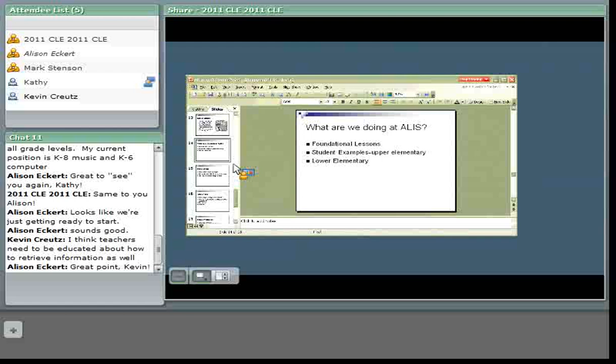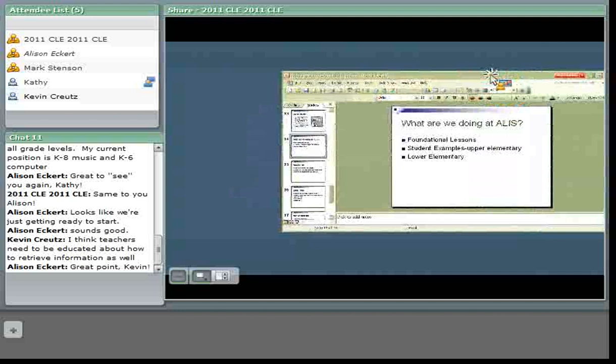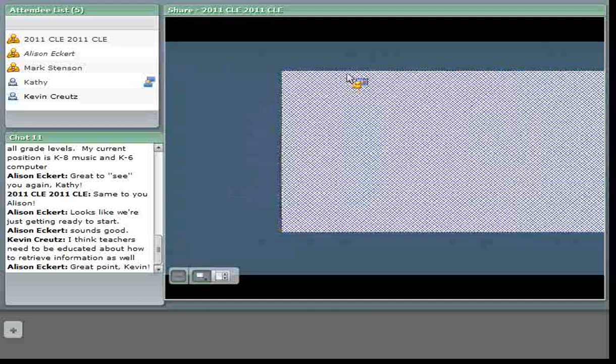I'm going to go ahead and, let's see if I can do this. Hopefully I don't have any problems. I've got my other screen up here. I'm going to share an example of something that one of my, what we were doing yesterday was sharing a movie project.